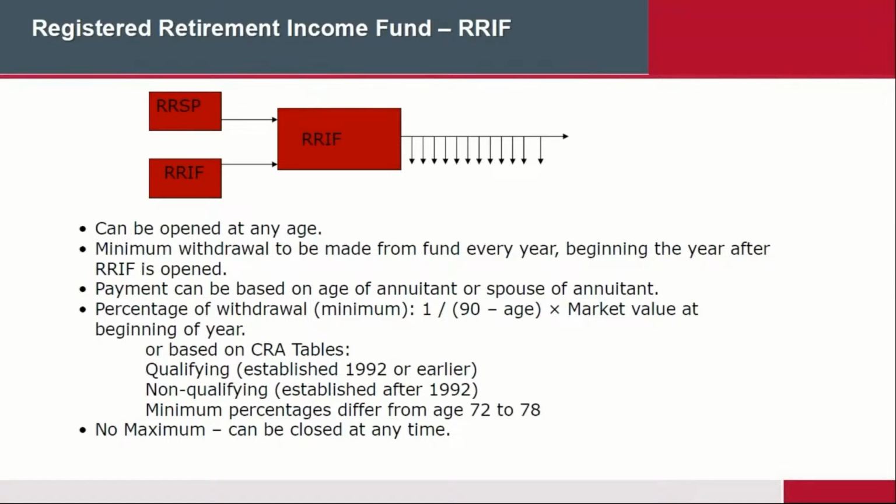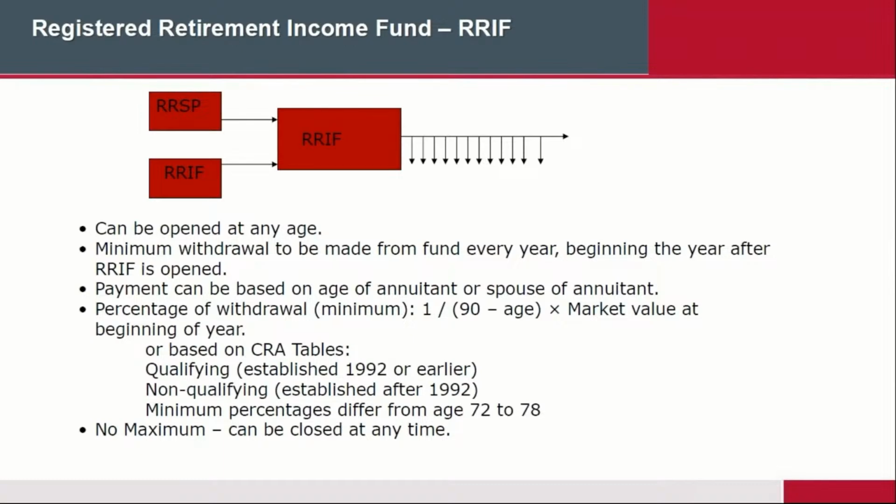So, for example, at age 71, you must take out 5.28% of the total amount of money that's sitting in your RSP, divided by 12, and that'll be that year's income, minimum amount. You can take out more. You do not have to stick to the basic. You can take out whatever amounts you want. All I'm saying is you cannot say, no, I don't want the money. You must take money out no later than age 71.